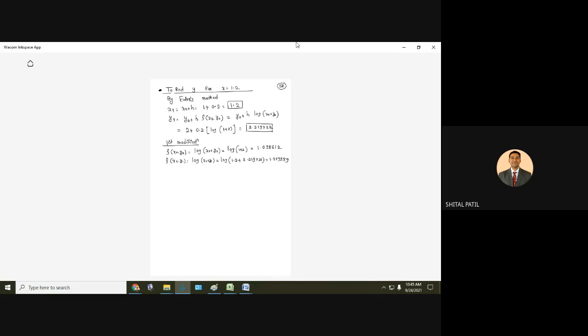1.229559, isn't it? So y1 raised to 1 is y naught plus h by 2 times f of x naught, y naught plus f of x1, y1. So y naught is 2 plus 0.2 divided by 2 times 1.098612 plus 1.229559. Come on, tell me what this is.